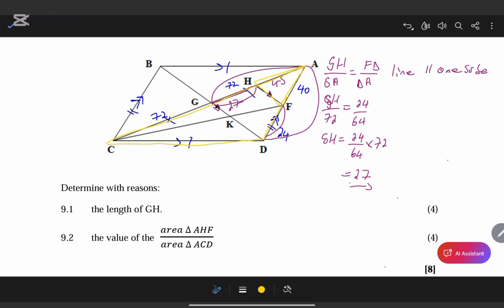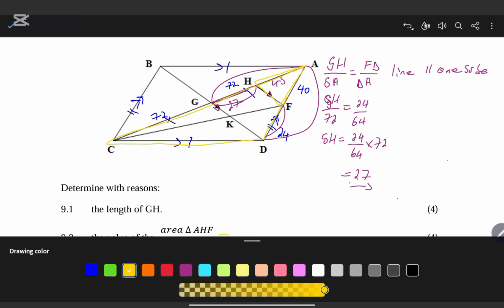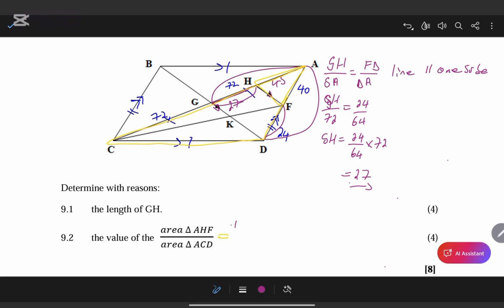So this is equal to half ab sine C. In triangle AHF, that would be half times 45 times 40 times sine of angle A, divided by half times, in the other triangle ACD, the whole length AC, which is 72 times 2, which is 144, times the other length, 40 plus 24, which is 64, times sine of angle A. Now sine A divided by sine A cancels, and half divided by half cancels.